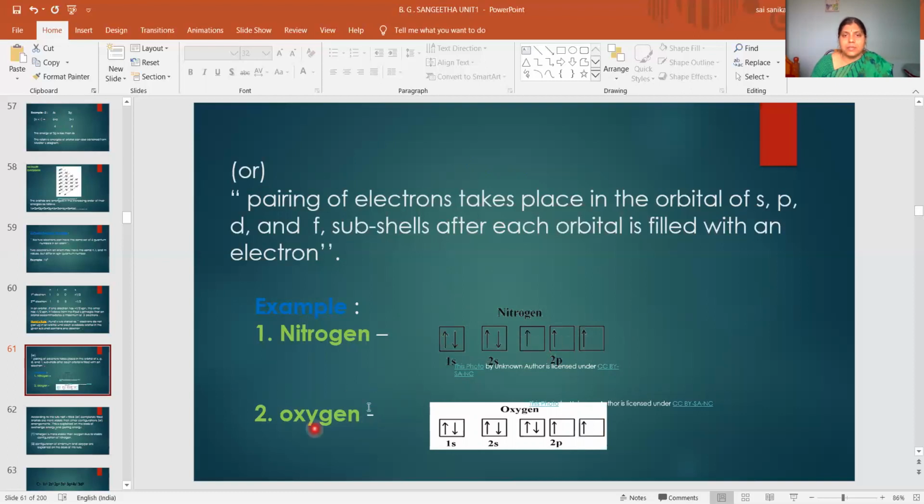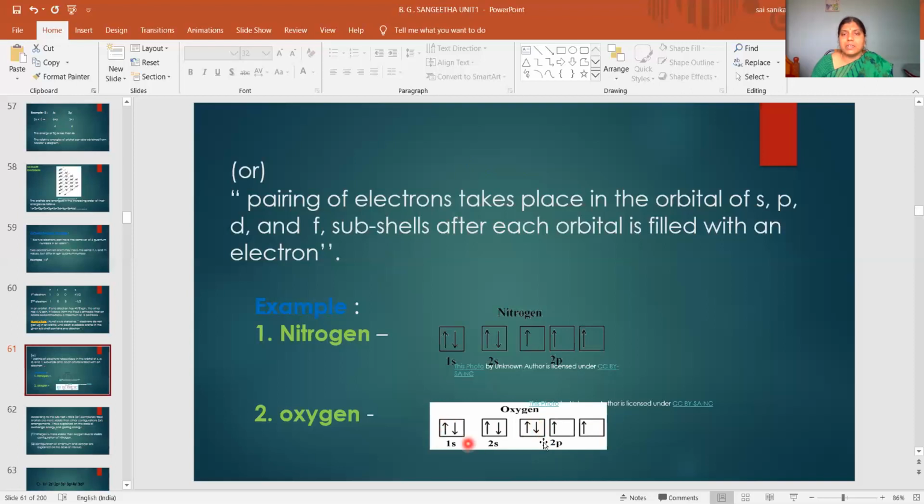Like this, each and every orbital should receive at least one electron. Then go to oxygen. The oxygen configuration is 1s2, 2s2, 2p4. Here 1s is totally filled, 2s is totally filled, and 2p: in px you fill one electron, in py one electron, in pz one electron. And what do you have to do then? You have to start pairing.